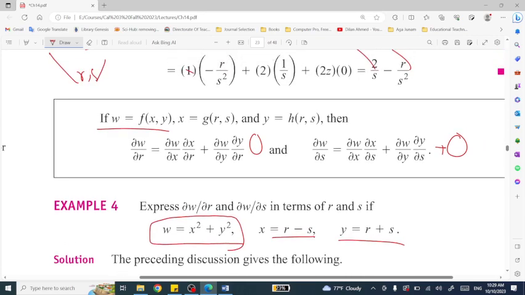Shall we do it together quickly? That one by R. I'll write it down here. I'll get what? 2x, 1, 2y, again 1. Clear? So 2x plus 2y, then I'm going to substitute x and y here.